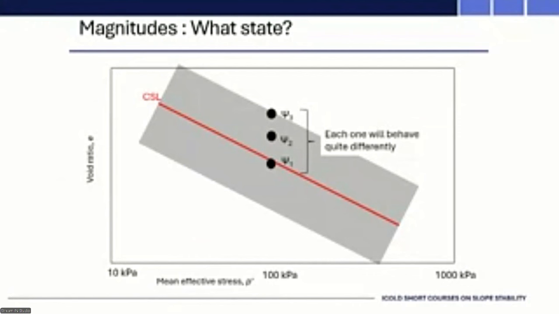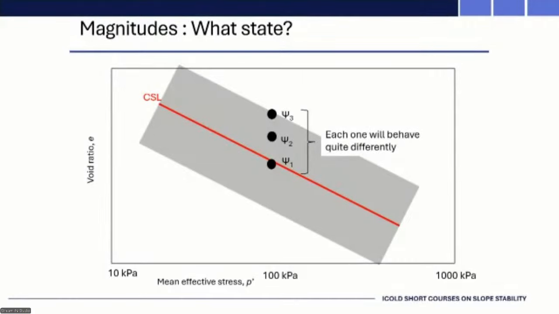topic I initiated, talking about what state governs your stress-strain behavior, both peak and post-peak. So there we've got 3 samples in the field at different in-situ state conditions, one just below the critical state line, perhaps in that region between the CSL and negative 0.05, one higher up, and then one way higher.